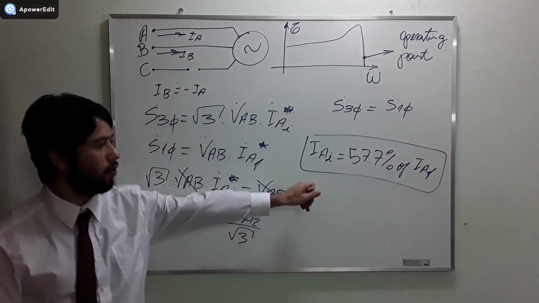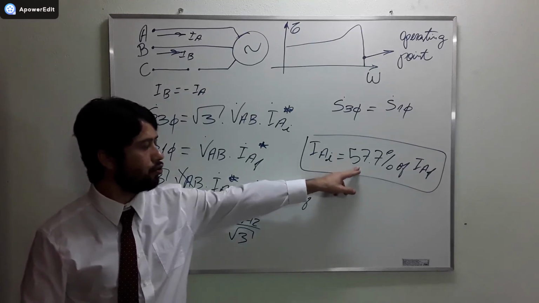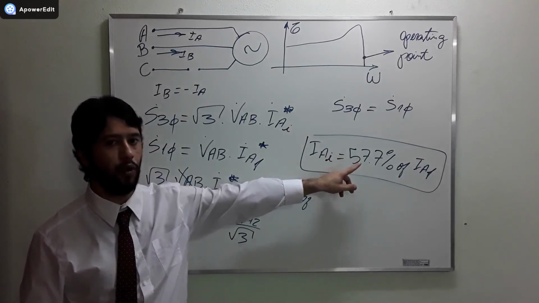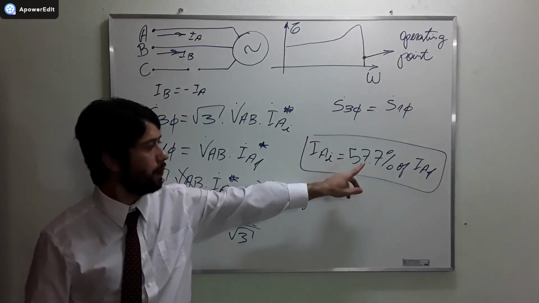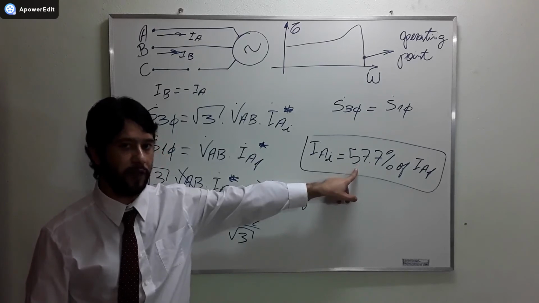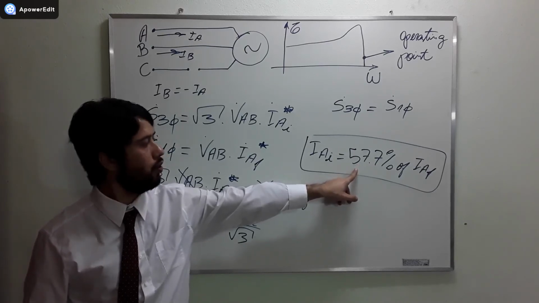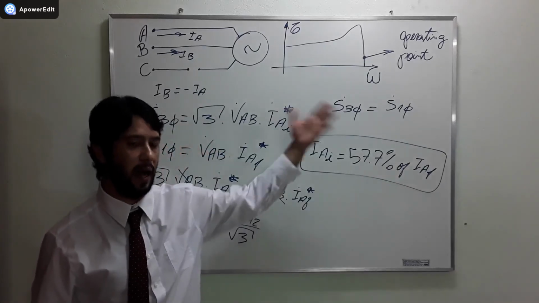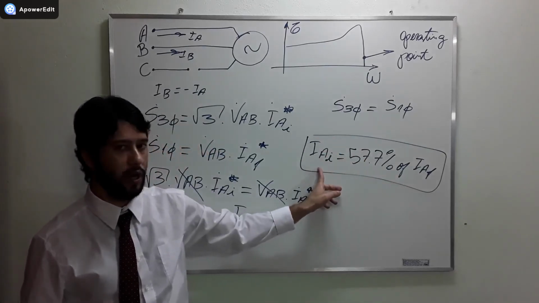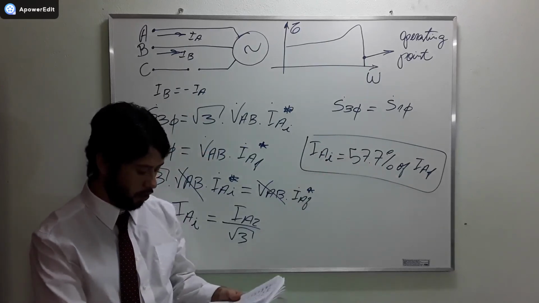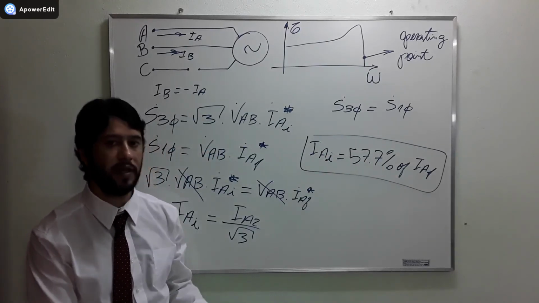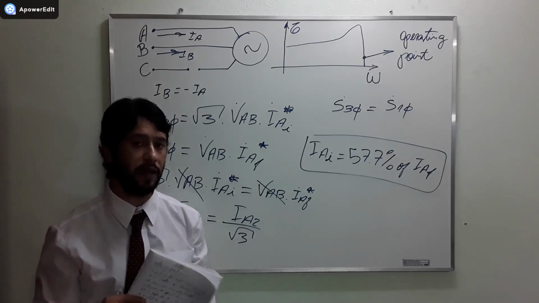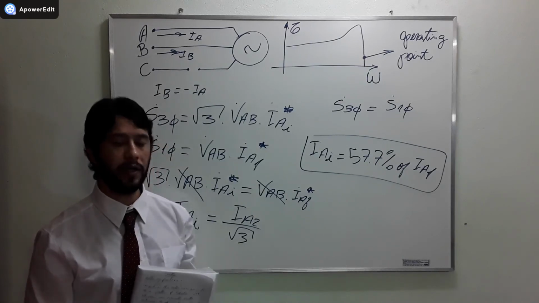We arrived at a conclusion that the motor to operate under the same power is going to have to draw from the power supply 57.7% more of current. So the final current is 57.7% above the initial current. Alright? So this is the conclusion that we get, and we decide that the letter A, you can go to the description of the video to check, letter A is the correct alternative.